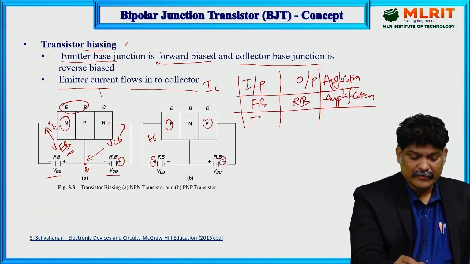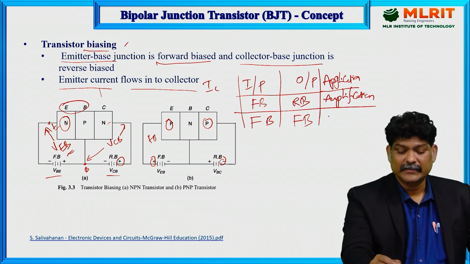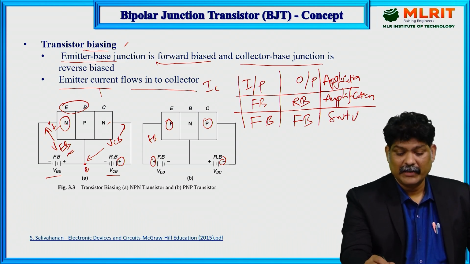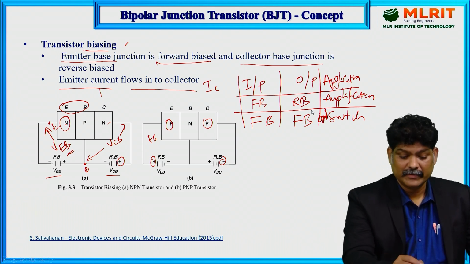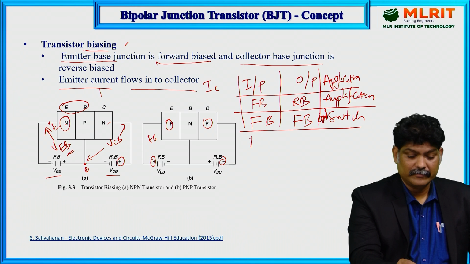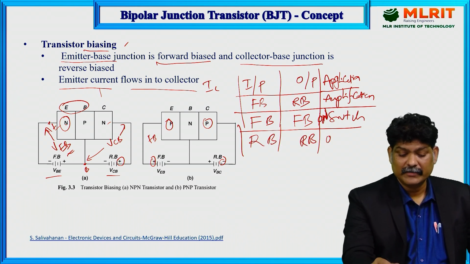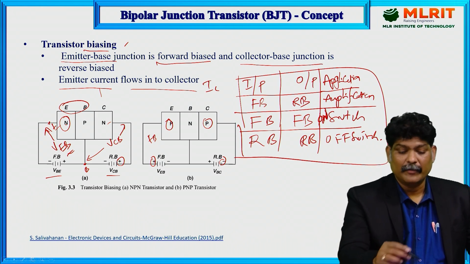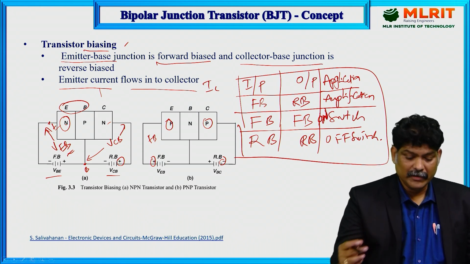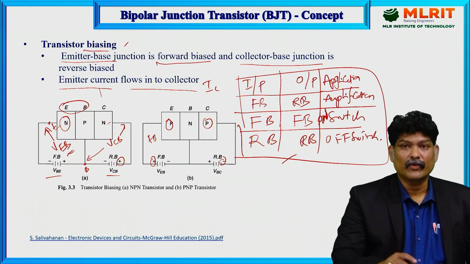And if the input is forward bias and the output is also forward bias, then we can utilize this as a switch, particularly an on switch. Your transistor can be utilized for switching purpose. Similarly, if both are reverse bias, then we can say it is an off switch, right? A detailed explanation of this configuration we will discuss in later sessions, okay. So this is a basic overview of the transistor.